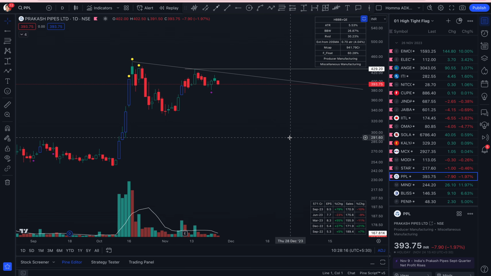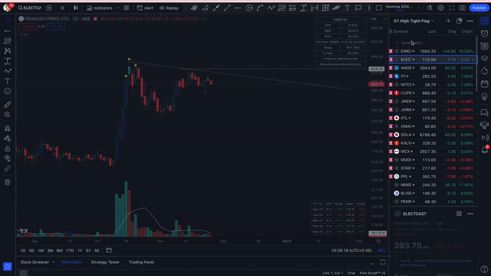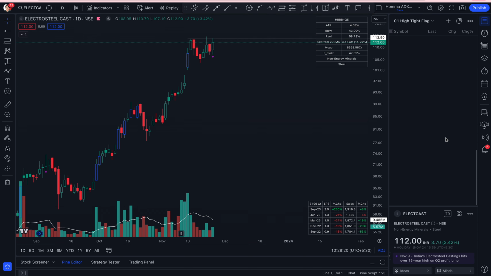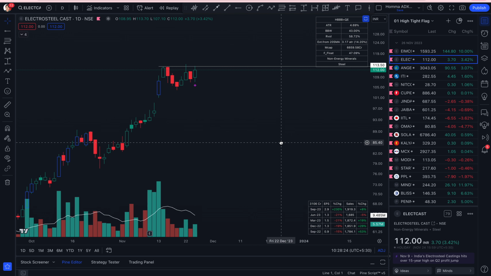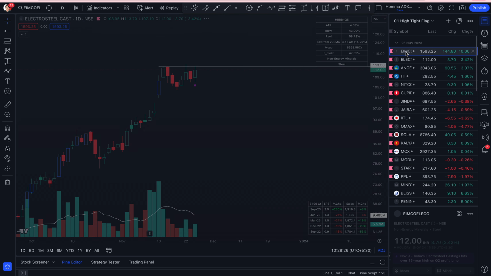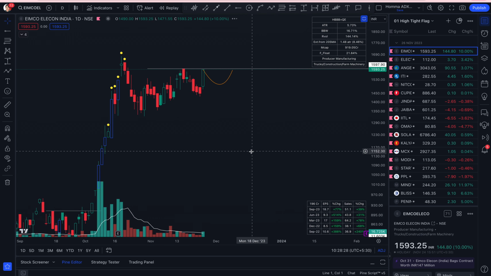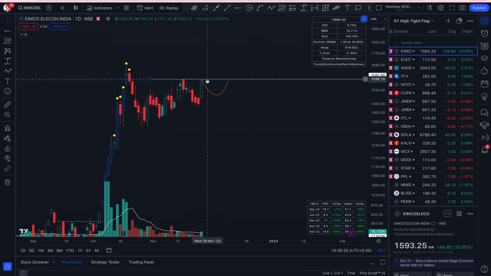So for example, let's say this is the high tight flag watch list, which we are going to go through every day. So let's say I'm going to enter on IMCO Elecon. Okay, let's say I have a GTT order at 1612.85, right?